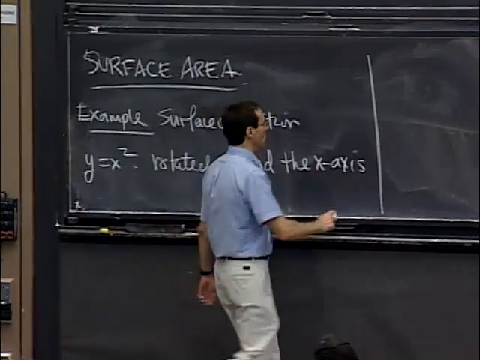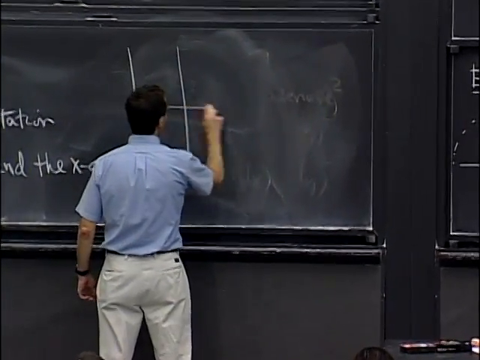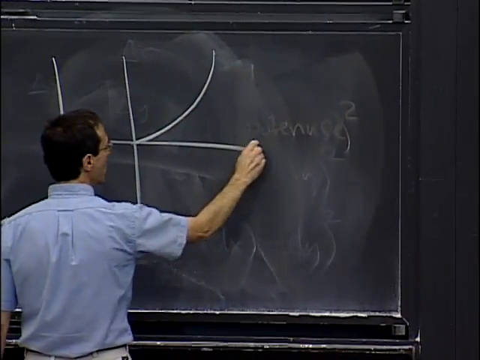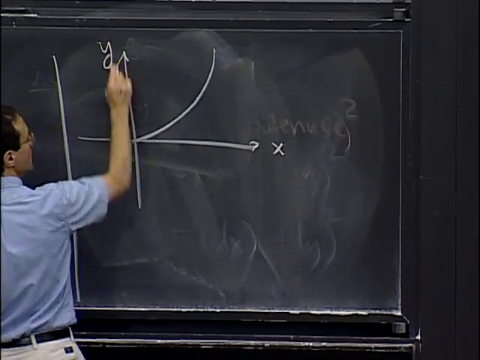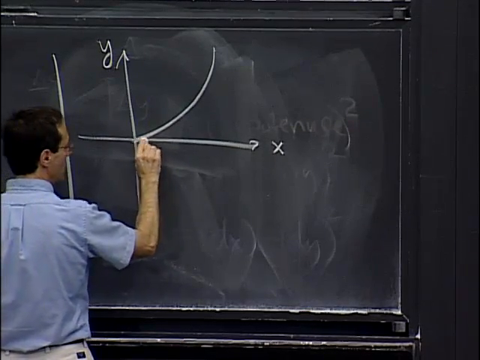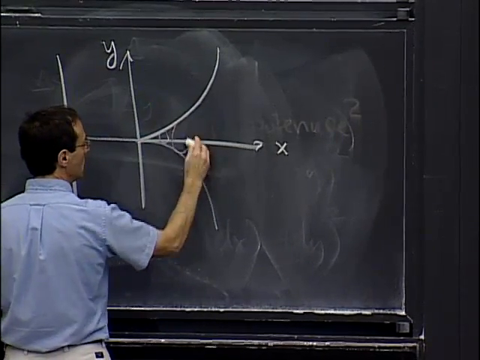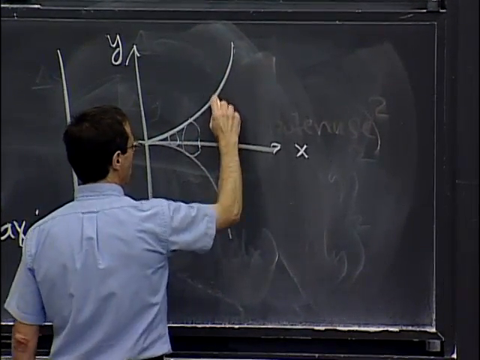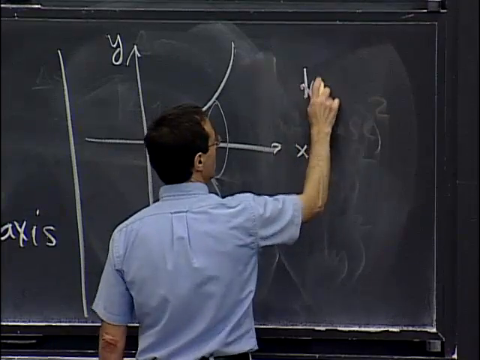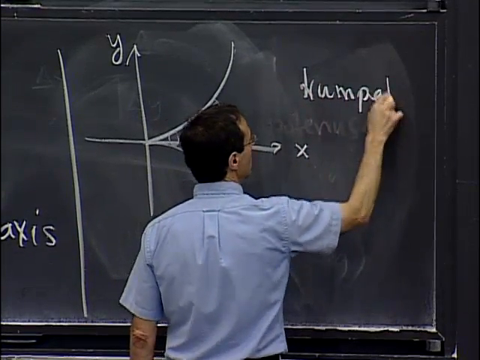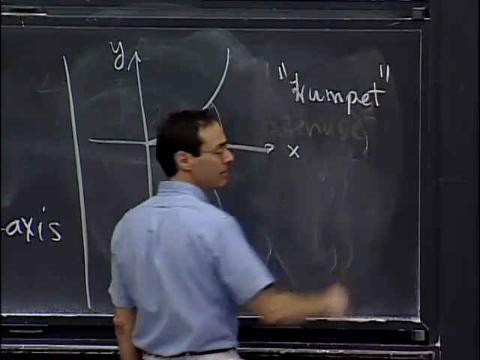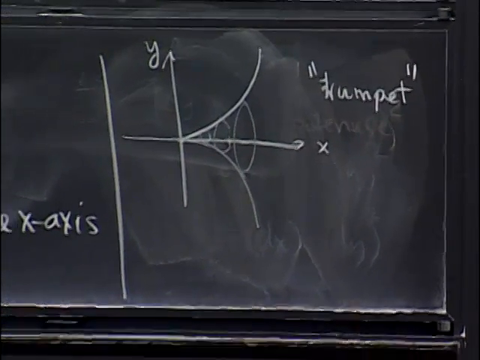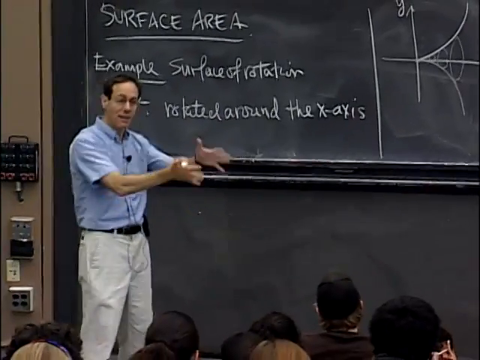Well, let's take a look at what this looks like. It's the parabola, which is going like that, and then it's being spun around the x-axis. So it's some kind of shape like this with little circles. It's some kind of trumpet shape, right? And that's the shape that we're... Now again, it's the surface. It's just the metal of the trumpet, not the insides.